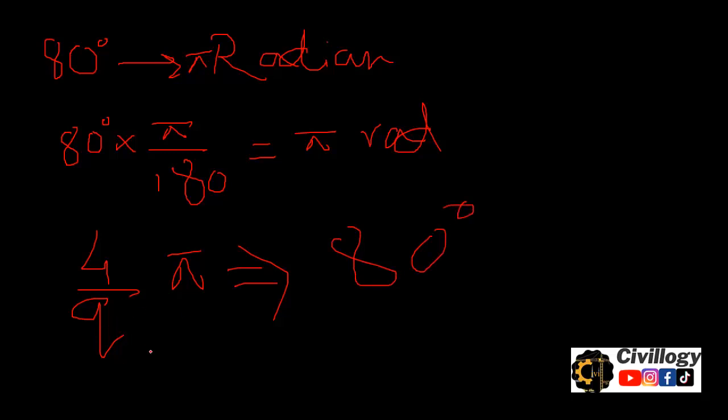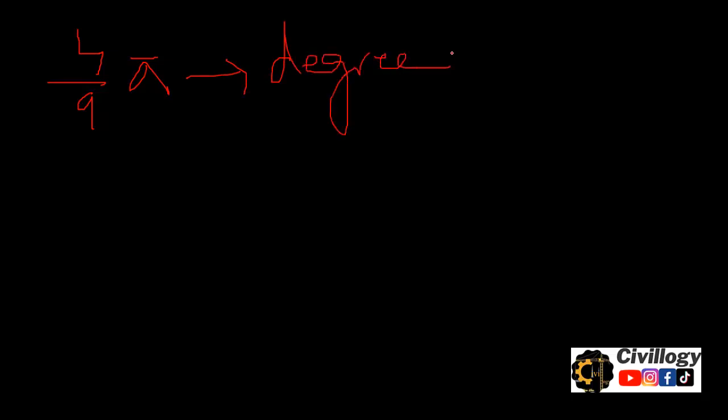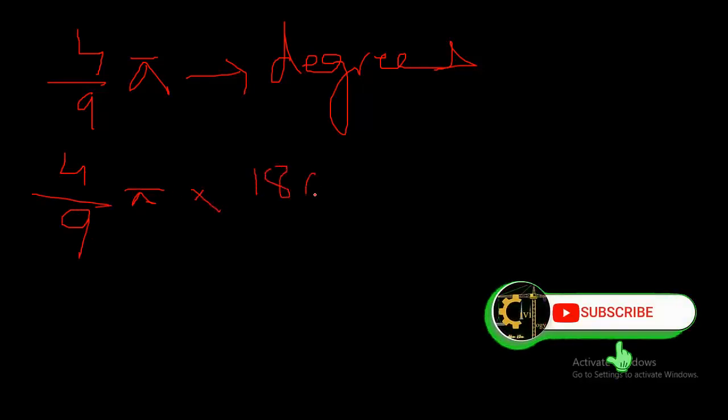I hope you understand. Let's interconvert these values. Remember this 4 by 9. Now let's take 4 by 9 pi and convert it into degrees. We will just flip the formula: 4 divided by 9 pi multiplied by 180 degrees divided by pi.